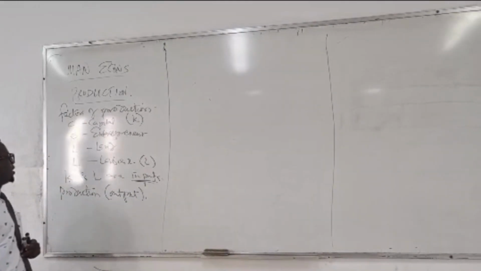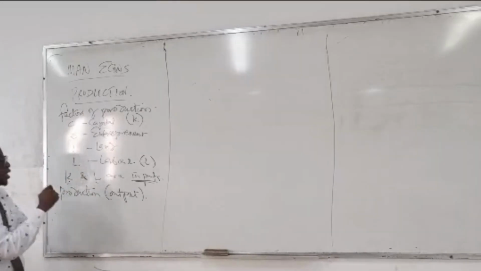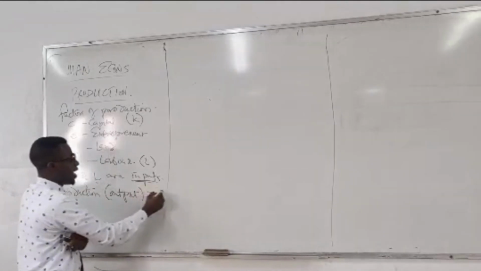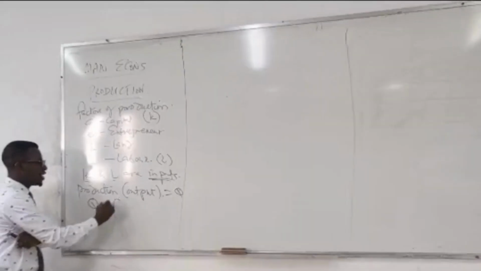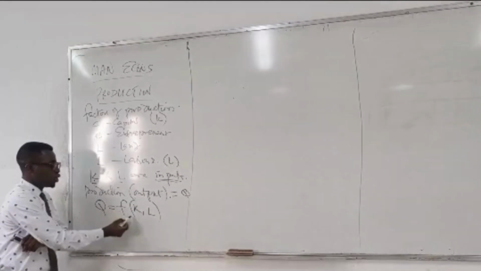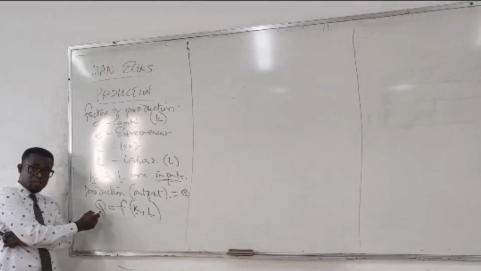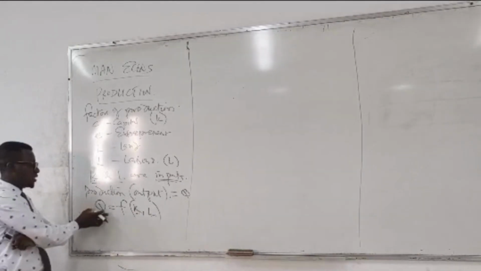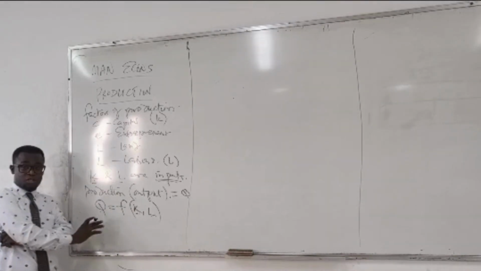Whilst we are looking at capital and labor as inputs, we are also going to represent production, that's the output, by the letter Q. So we are going to look at the factors that affect output, that is, the factors of capital and labor, and how these inputs affect the output.